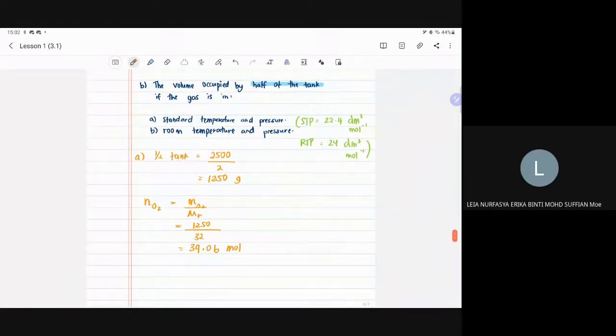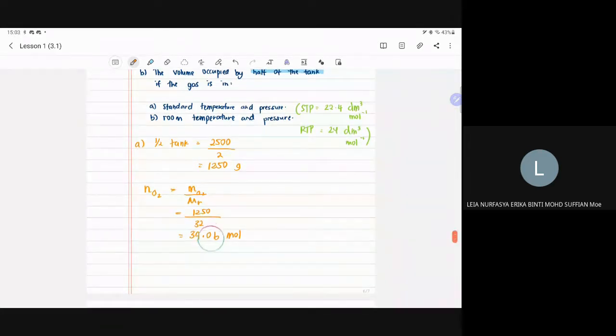Kalau saya bundar 39.1. Okay, saya tak galakkan kamu bundar. It's not recommended untuk kamu bundarkan terlampau banyak waktu awal-awal. You want to round it off at the end of the calculation.